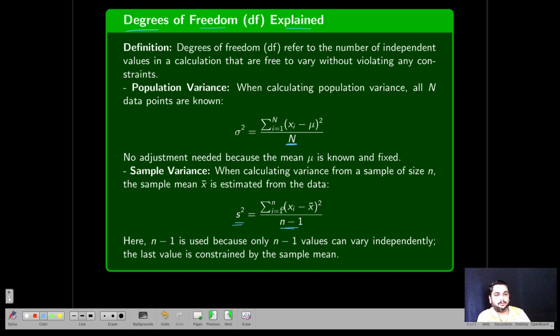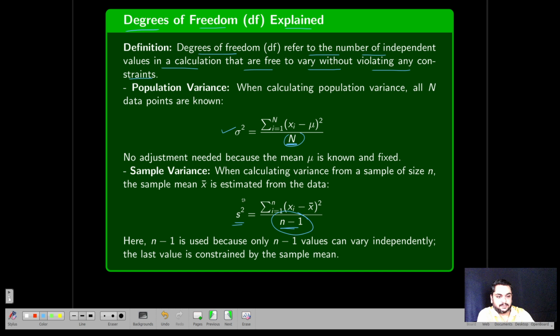Why? That is the concept of degrees of freedom. The textbook definition: degrees of freedom refer to the number of independent values in a calculation that are free to vary without violating any constraint. I'm sure you have not understood this, so let me take an example and see why it is divided by n here and why it is n minus 1.